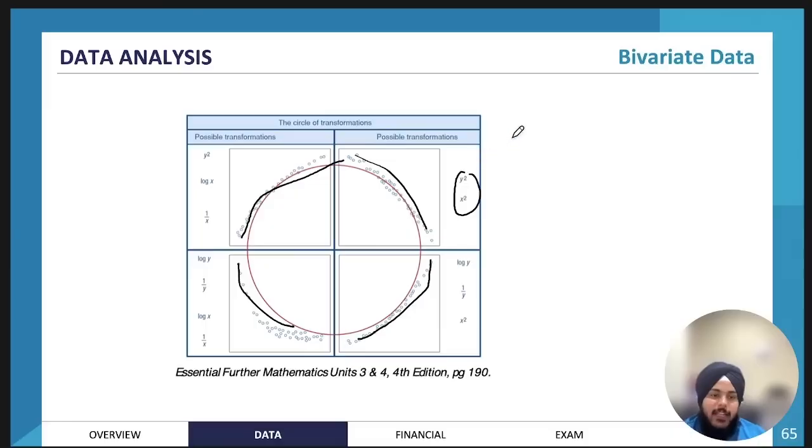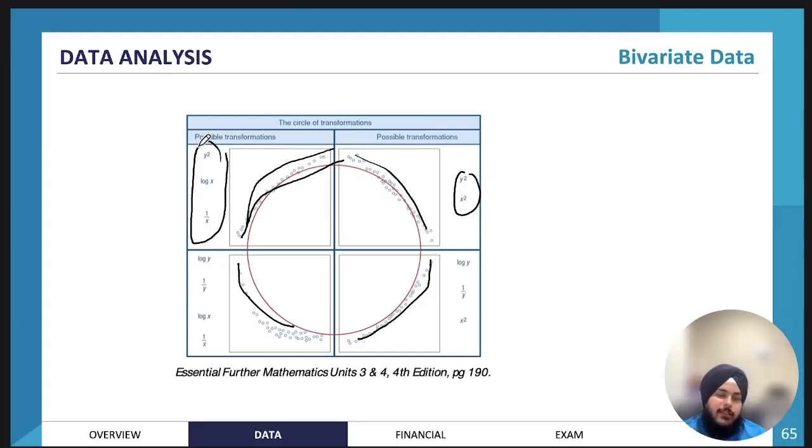Just a disclaimer: in the exam, you'll never be required to determine which of these three is the best. They'll usually tell you, log x is the best, so use this to determine this. But if you did have to do it by hand, you would need to apply all of these transformations to the data, and then determine which one gives you the highest R value, or the highest R squared value.